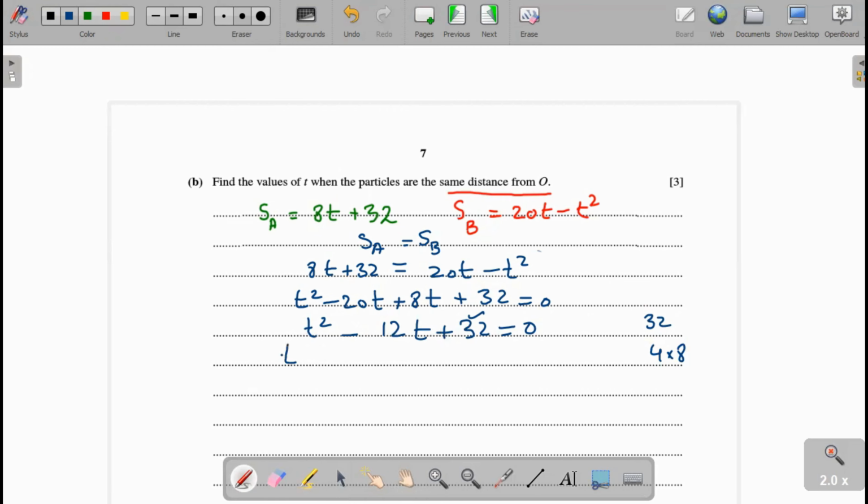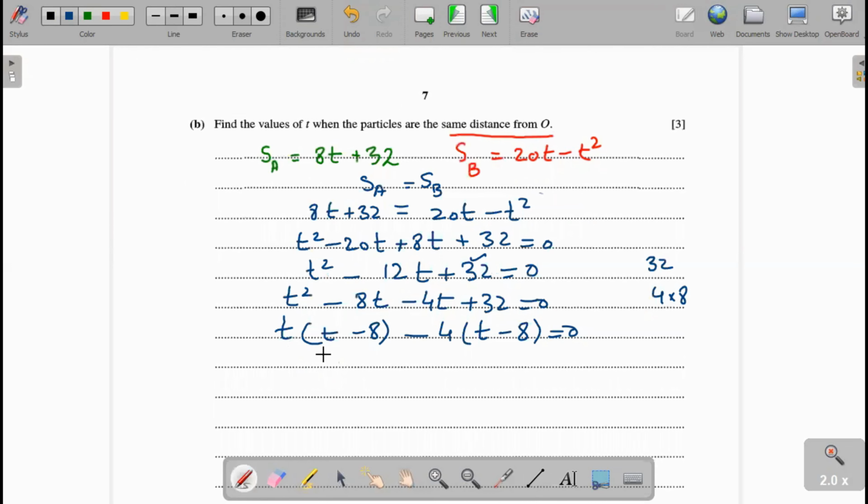Therefore, the expression becomes t square minus 8t minus 4t plus 32. Now we take common from the first two terms t, it becomes t minus 8, and from the other two minus 4 common, it becomes t minus 8, equal to 0. Therefore, t minus 8 and t minus 4 are the two factors of this expression.